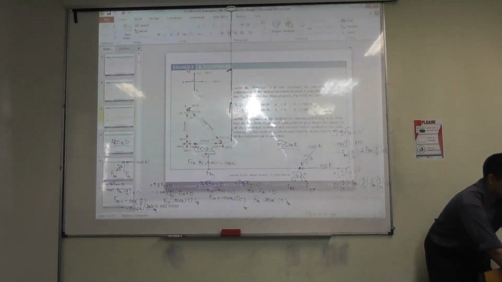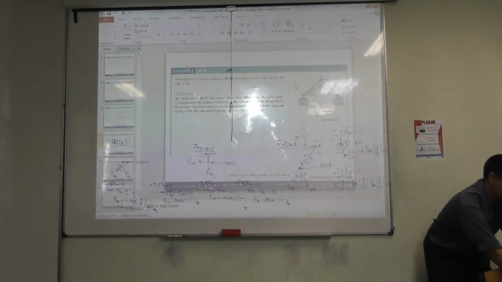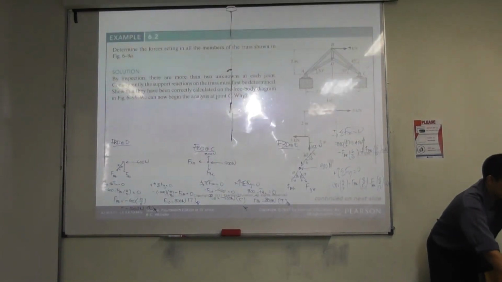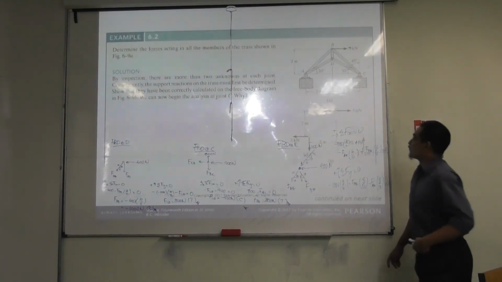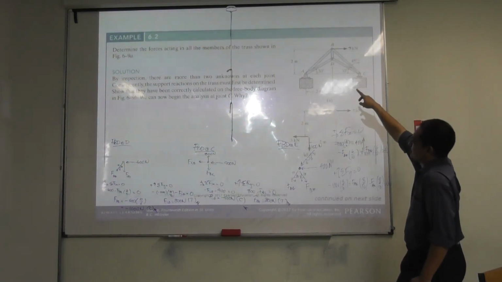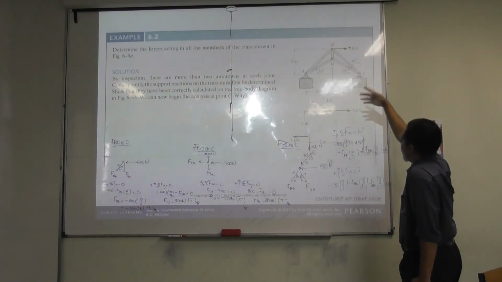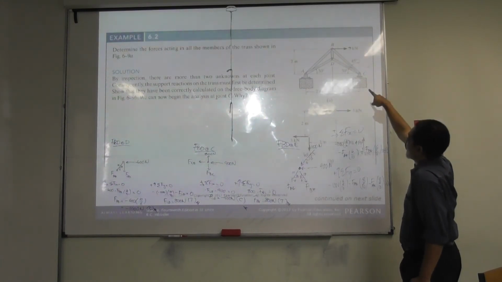This one you can solve. This is an example. Okay, here, right? If I show this one, can you see? Just look at the example. The diagram. Can you solve straight away, or do you have to solve support action first?